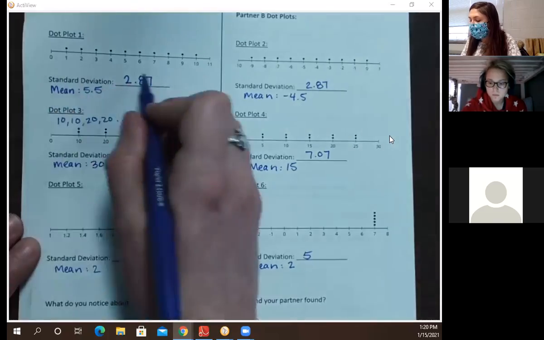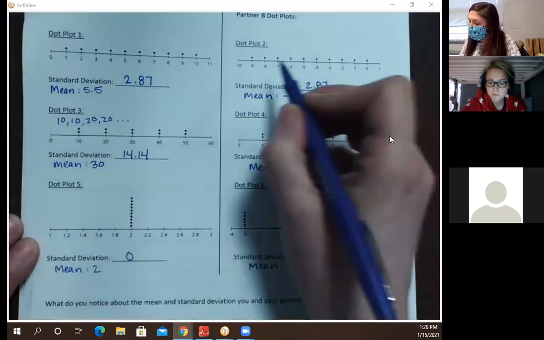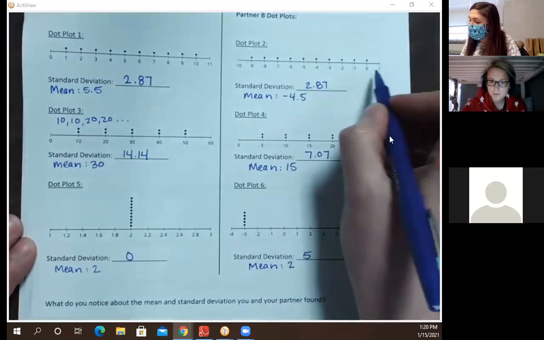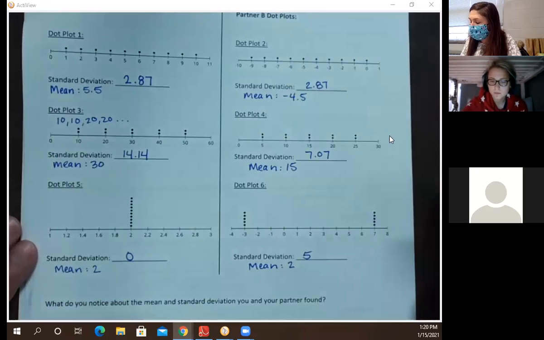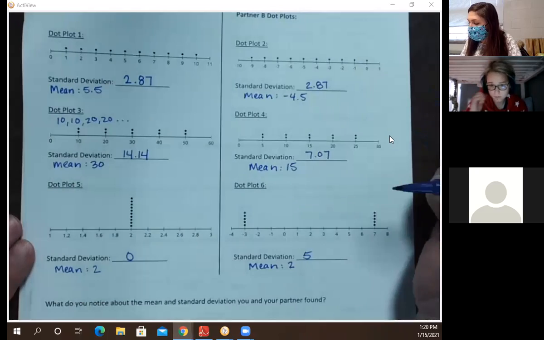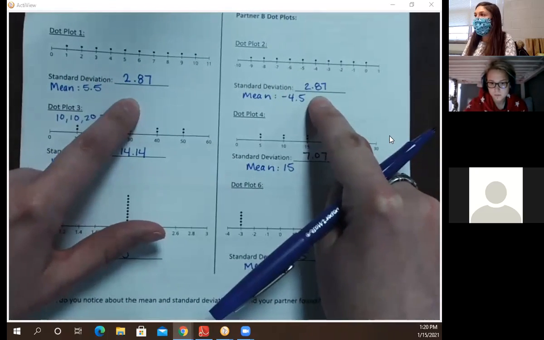So we went by ones here, one value for each number from 1 to 10. Same idea here. Our scale is going by ones, and I have one value for each number from -9 to 0. So our mean here is negative. That should make sense since we've got negative values. And since, again, our spread is the same, we have the same standard deviation.